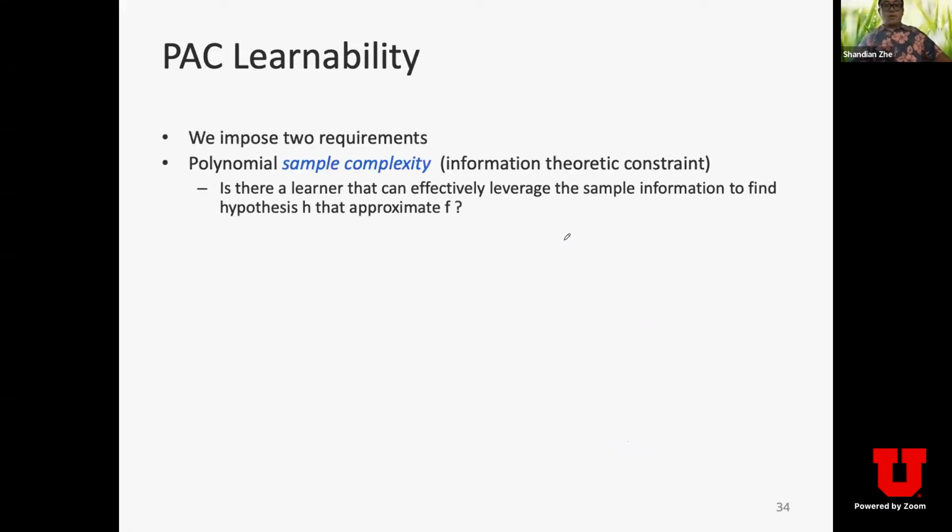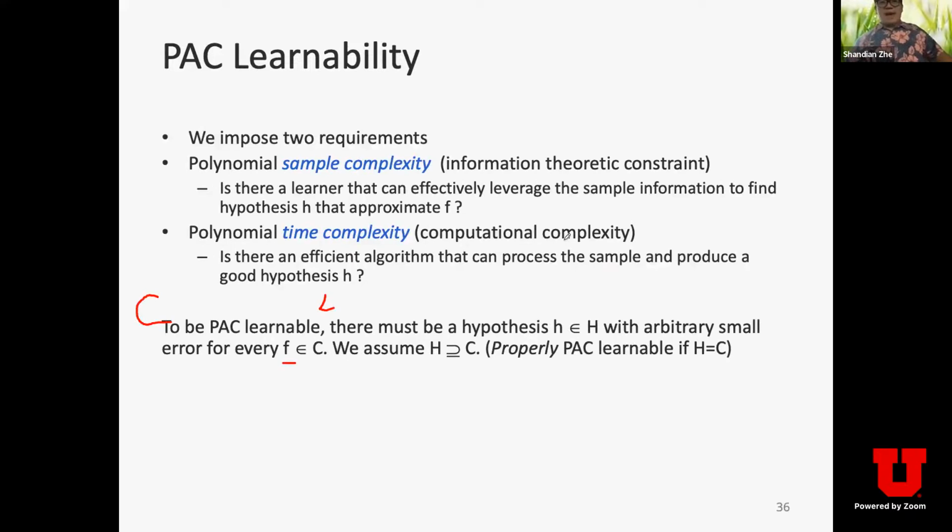Okay, so let's go back to this point. Because PAC learnability requires that, for any designated error level, as long as you provide enough training examples, you're going to find a hypothesis whose true error is less than epsilon. So for arbitrary epsilon, you're going to have some hypothesis in your hypothesis space which is close to f, no more than epsilon.